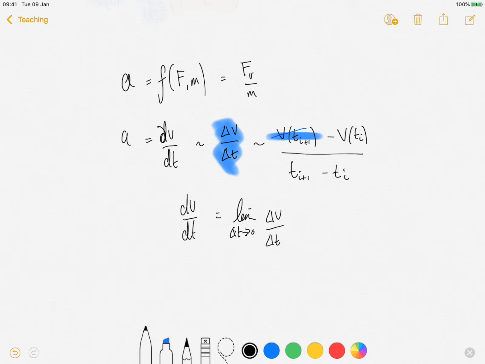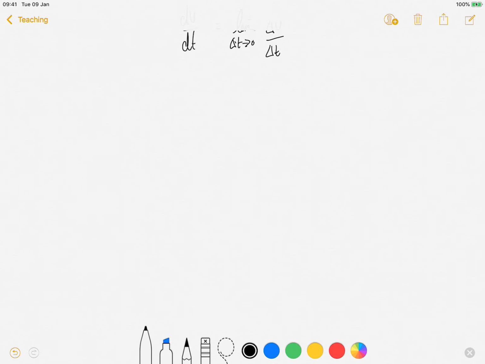Now we can apply this to our analytical solution from before and approximate the acceleration accordingly. So for us to do that, remember we said the acceleration is just the velocity at our next time step, minus the velocity at t i, divided by t of i plus 1 minus t i, and that's equal to, we said, the resultant forces divided by the mass, and in this case that turns out to be the gravitational acceleration minus our drag coefficient divided by the mass.